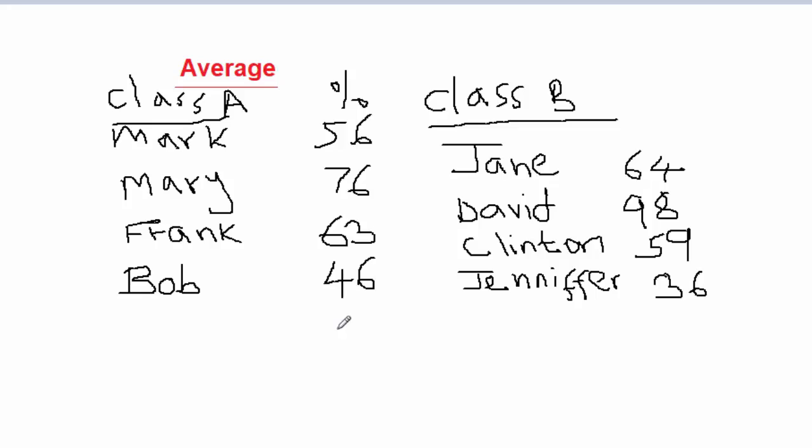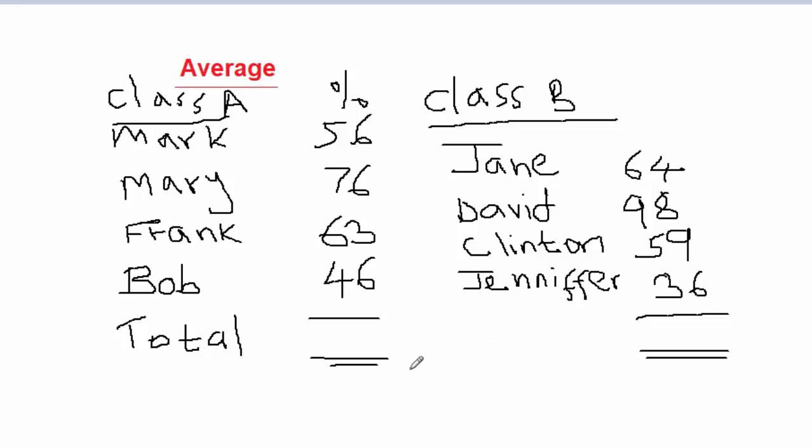So, for me to analyze this information and find out which class performed best, I have to find the total for this class, then also the total for the other class. Once I have the total, from the total I can also tell immediately which class performed best.